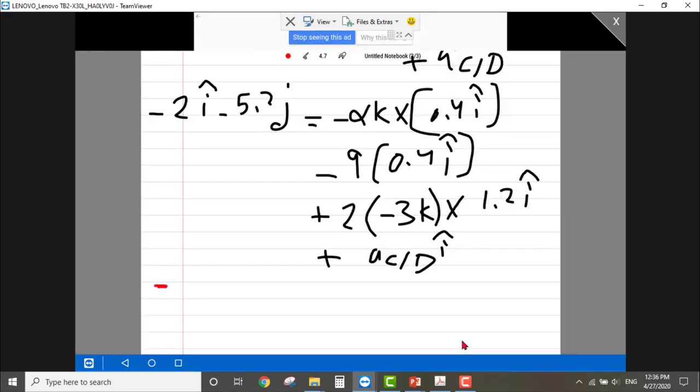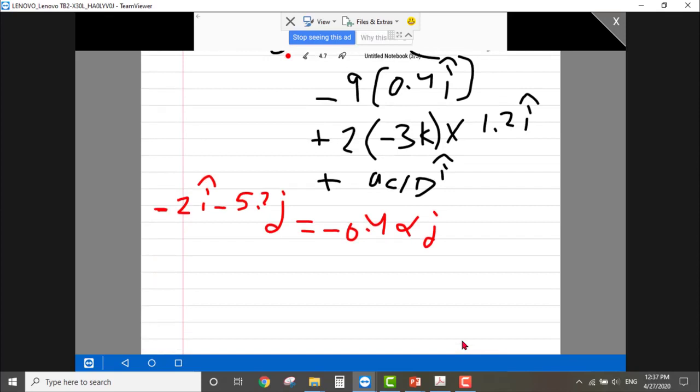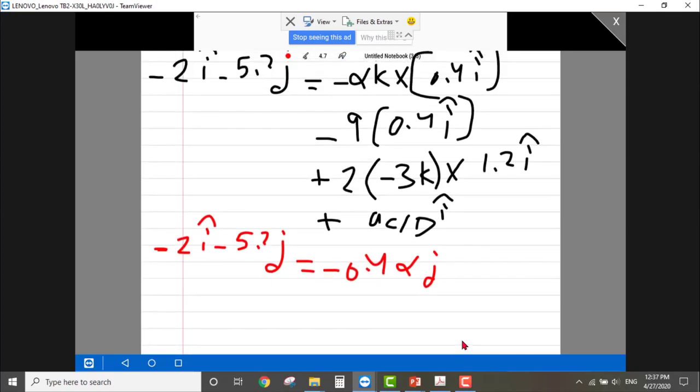Minus 2 in the I direction minus 5.2 in the J direction is equal to K cross product I, which is a positive quantity, so we have minus 0.4 alpha J. Now minus 9 multiplied by 0.4, this is minus 3.6 in the I direction.